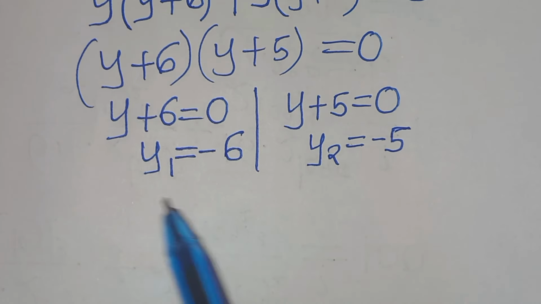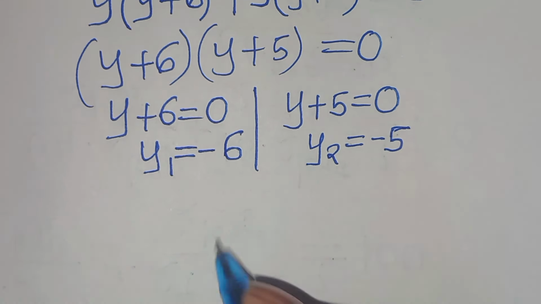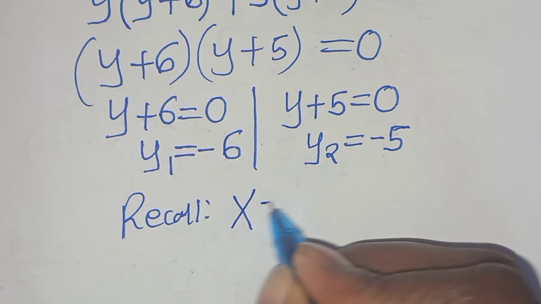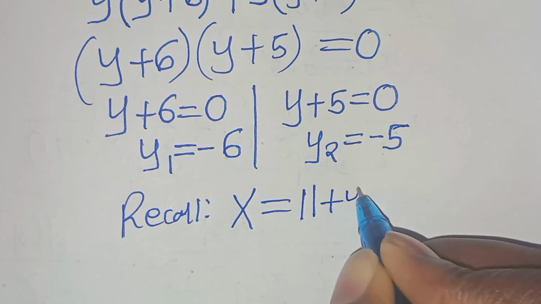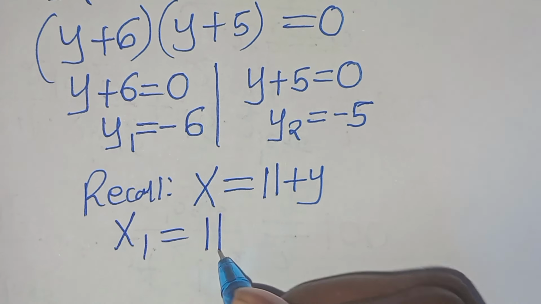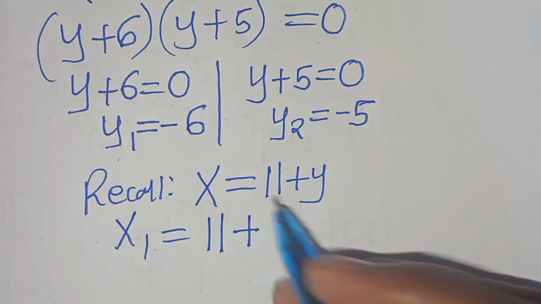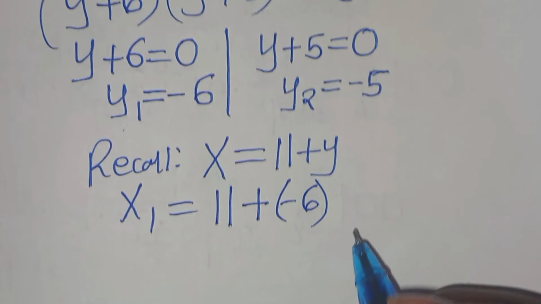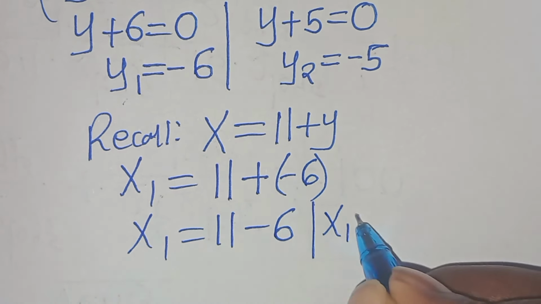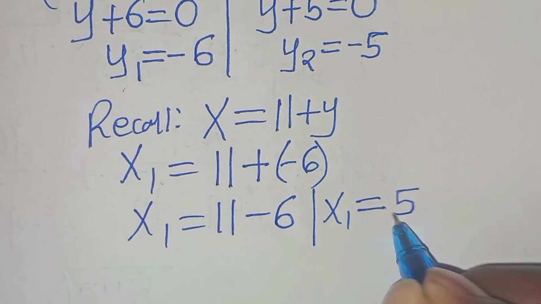So we can solve for the corresponding values of x1 and x2. If you recall, we have that x is equal to 11 plus y, according to equation 3. So x1 is equal to 11 plus y1, which is 11 plus minus 6, so x1 is equal to 11 minus 6, which is 5.